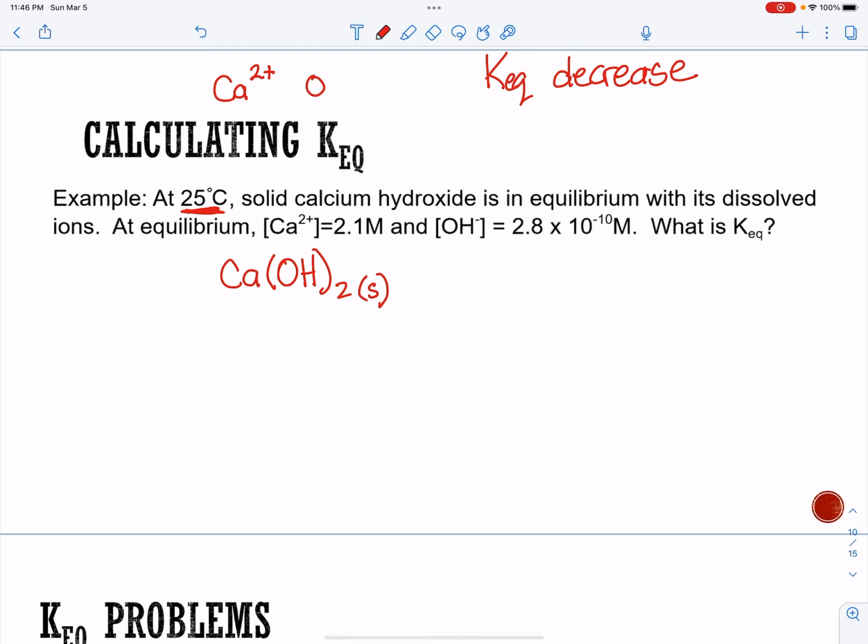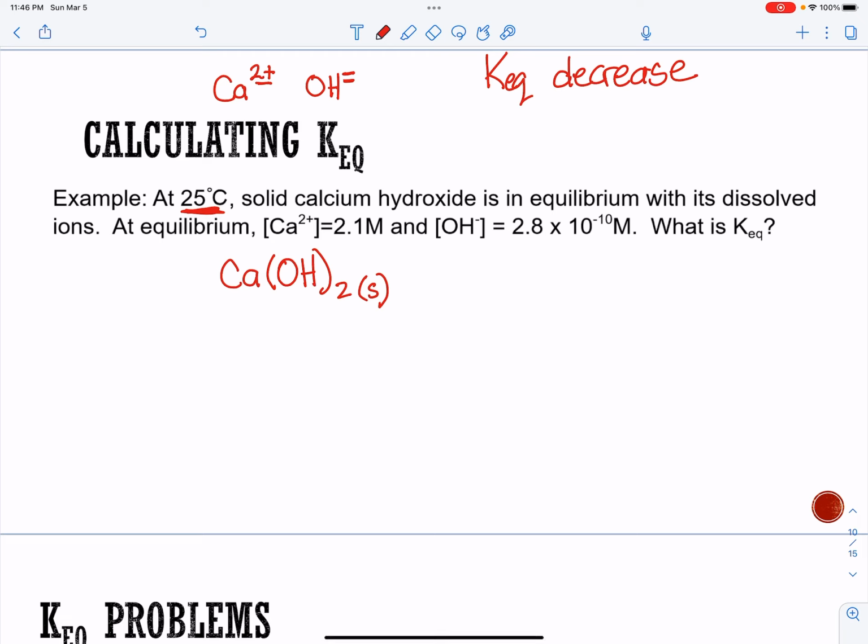With hydroxide, hydroxide is a polyatomic ion, and if you don't remember the charge for hydroxide, you can actually look it up on your table. If you look it up in your data booklets, I think it's on about the 3rd page, you'll notice that it has a -1 charge. So we've got a positive 2 charge and a -1 charge.